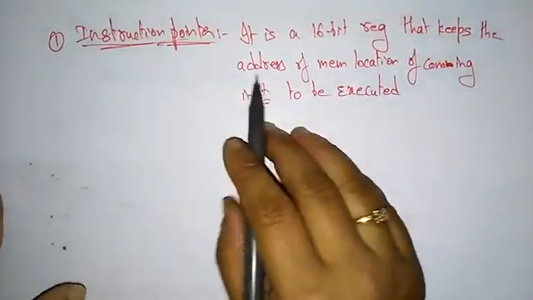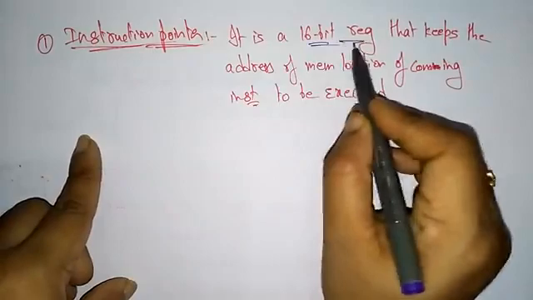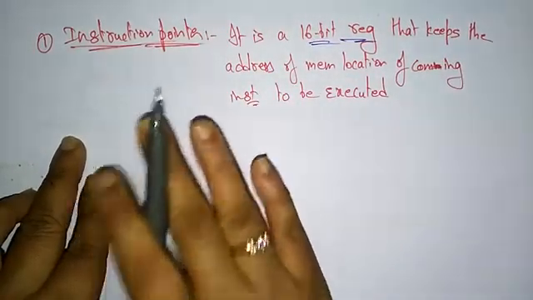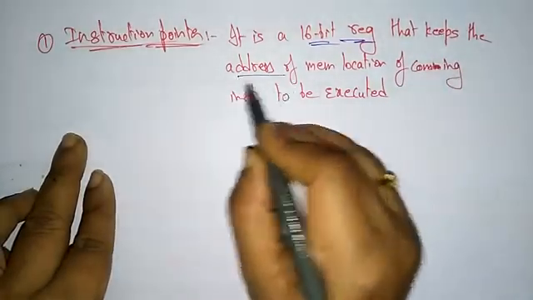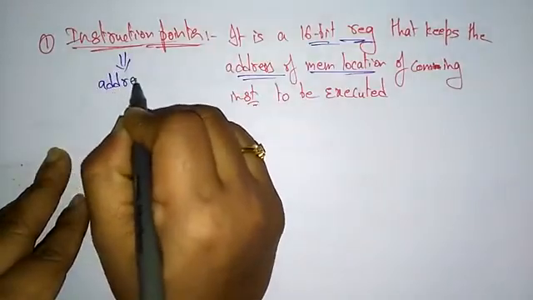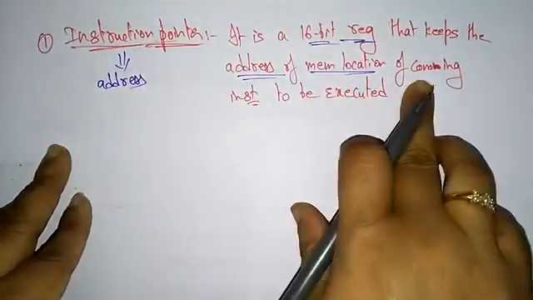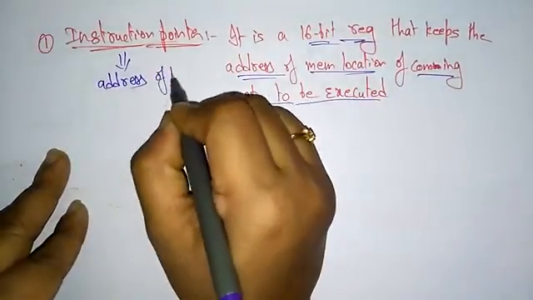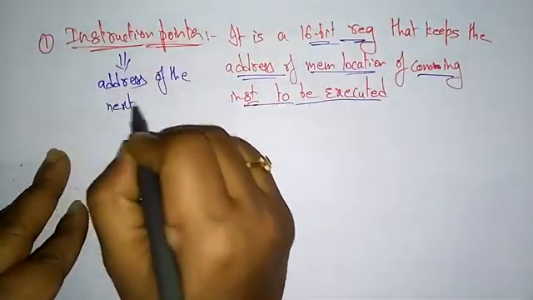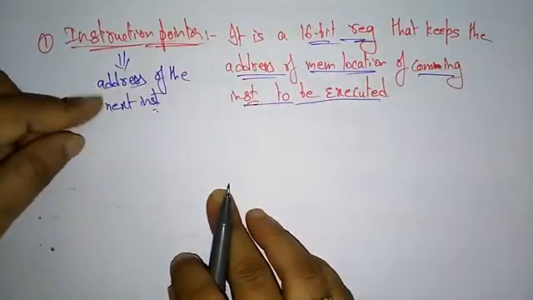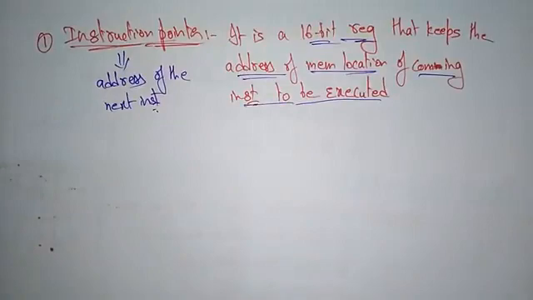What is the operation that this instruction pointer will do? This register will keep the address of the memory location. It holds only the address of the memory location of the coming instruction to be executed, the address of the next instruction to be executed. So that is the instruction pointer.